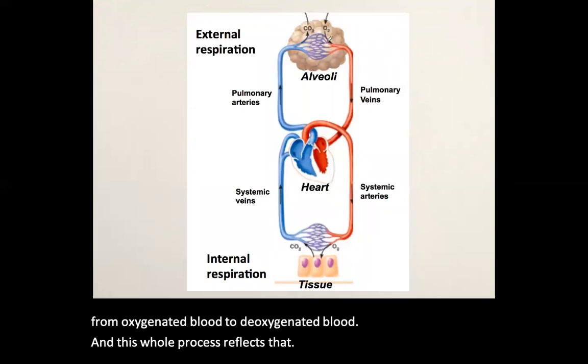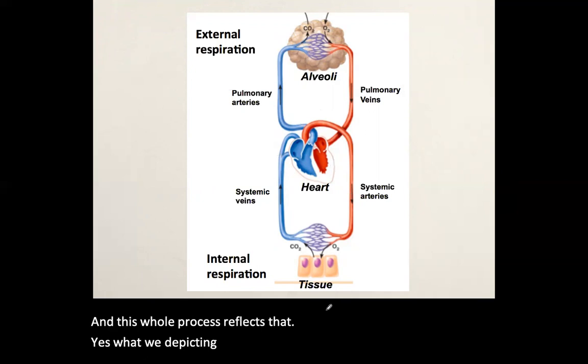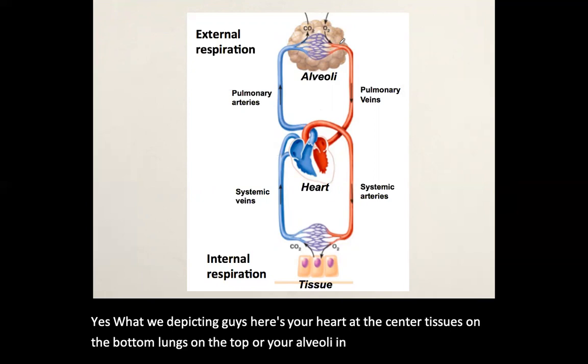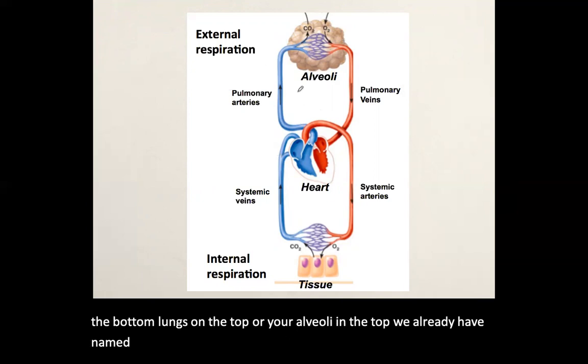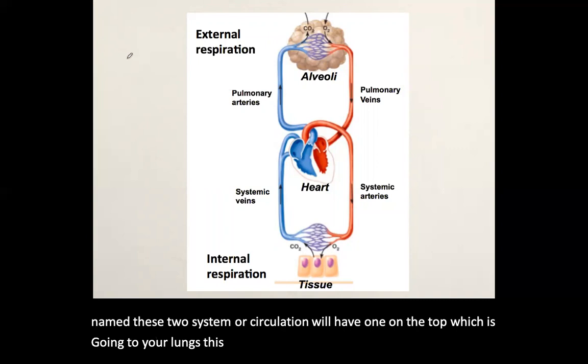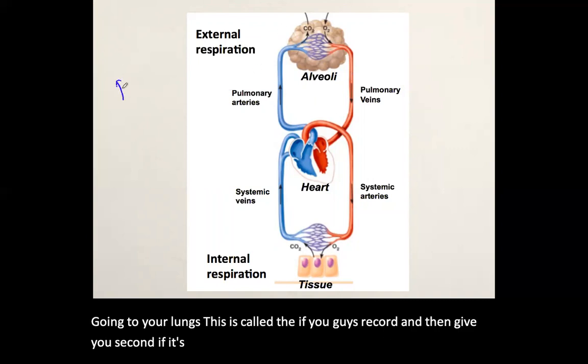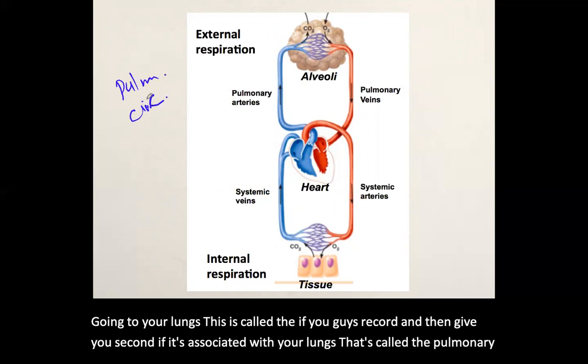Here's what we're depicting, guys. Here's your heart at the center, tissues on the bottom, lungs on the top, or your alveoli on the top. We already have named these two systems of circulation. We'll have one on the top, which is going to your lungs. If it's associated with your lungs, that's called the pulmonary circuit, right?